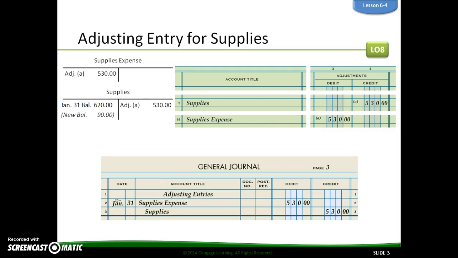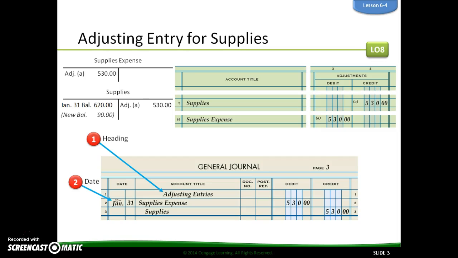If we look at what we did for adjustments on our worksheet, we did a debit to supplies expense and a credit to supplies. On our general journal, we now have an adjusting entry. For January 31st, supplies expense would be our debit for $530 and supplies would be our credit for $530.